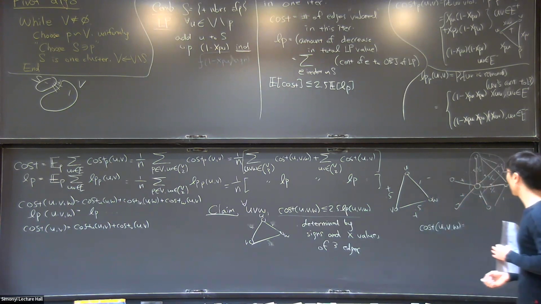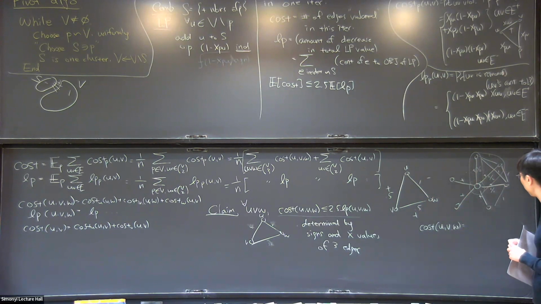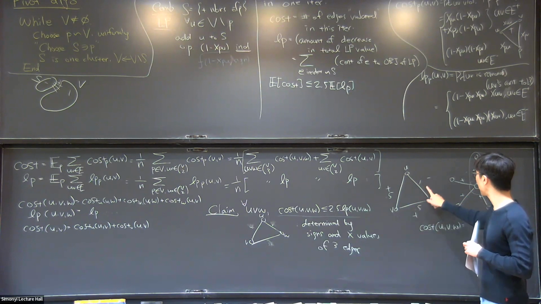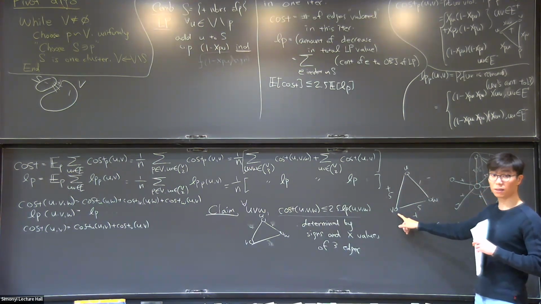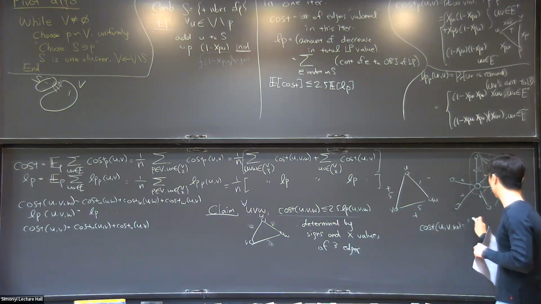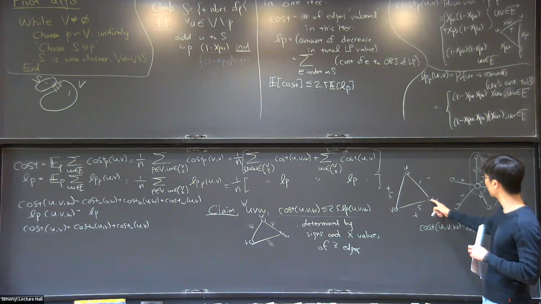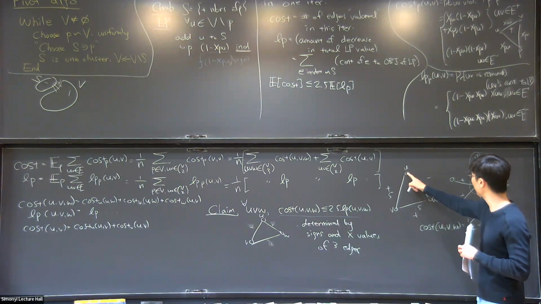One can quickly compute that if V is a pivot, then this will be violated if U and W both go with V. So that's going to be 1/4. And then for the other case, it's simpler because this will definitely be outside.